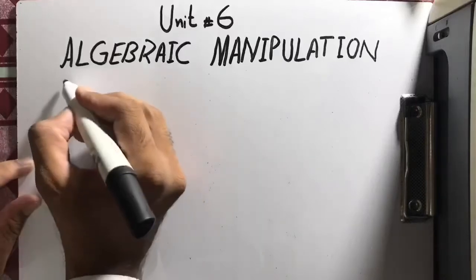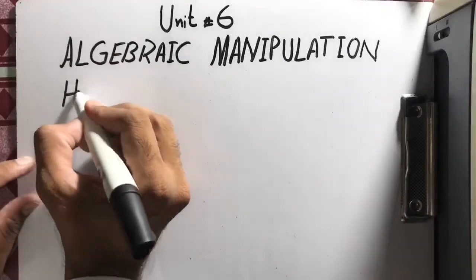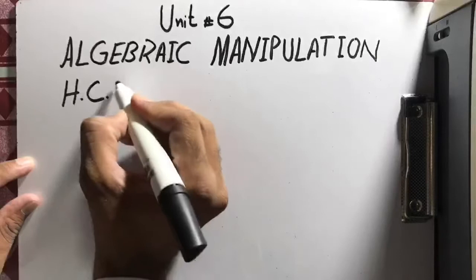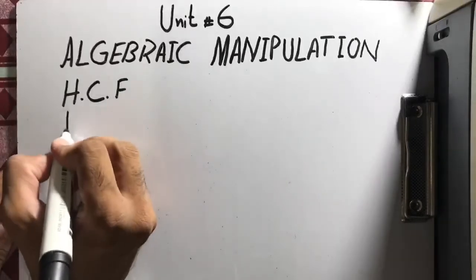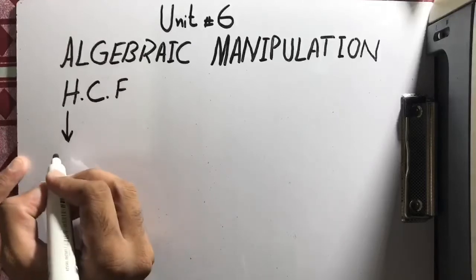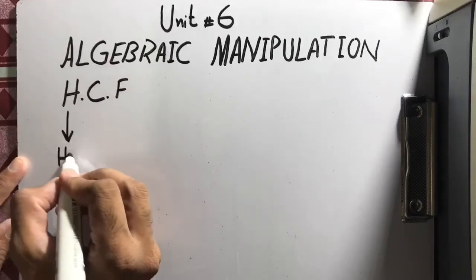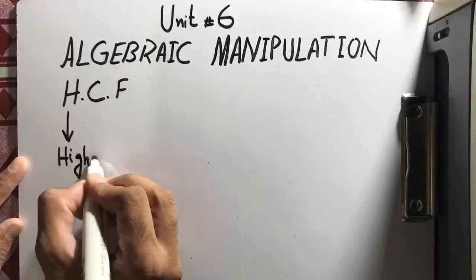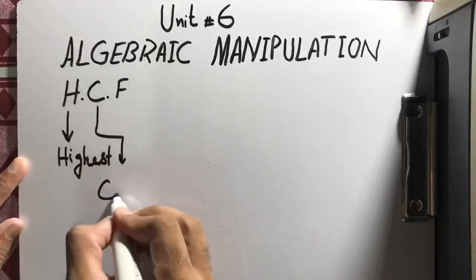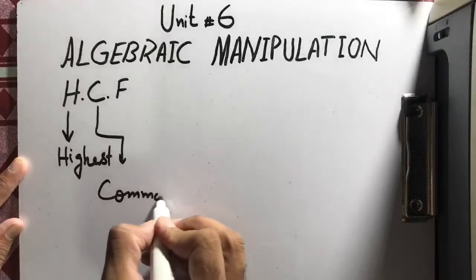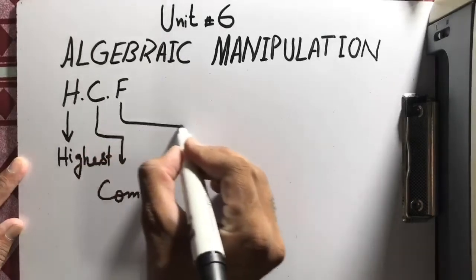First of all, we discuss what is HCF. HCF is the short form of highest common factor. H for highest, C for common, F for factor.